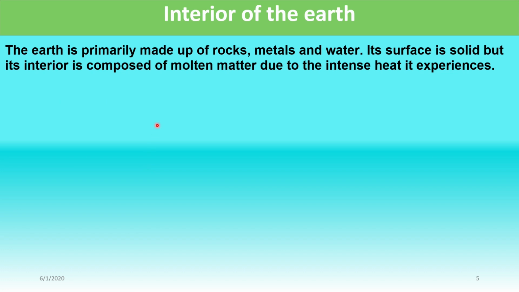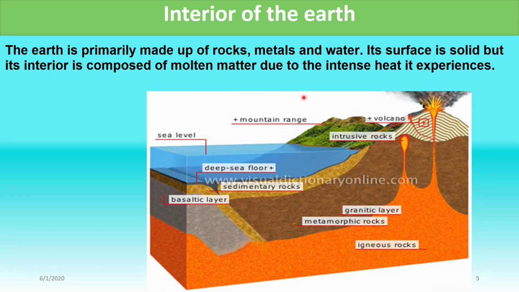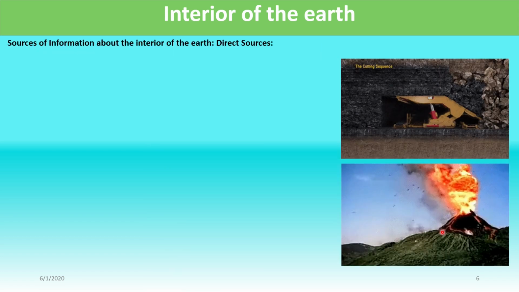The Earth is primarily made up of rocks, metals, and water. The surface is solid, but its interior is composed of molten matter due to the intense heat it experiences. Solid earth on top, and in the interior we have molten matter.